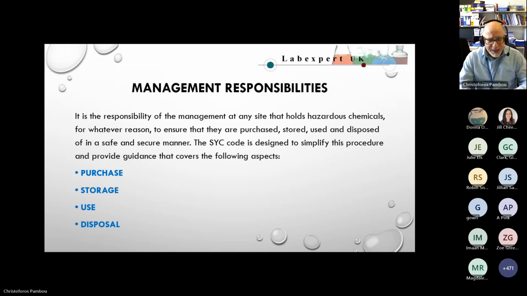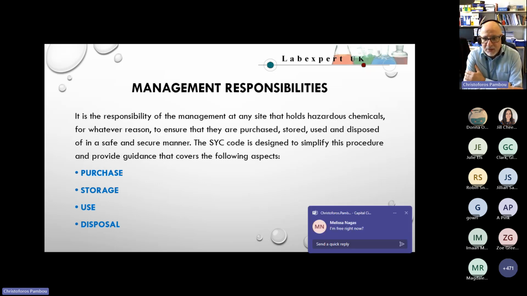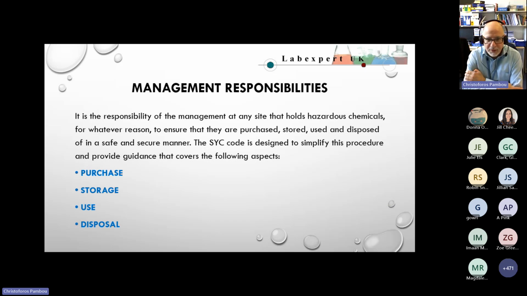And similarly to health and safety, the Health and Safety at Work Act 1974 makes it the responsibility of the management at any site that holds hazardous chemicals, for whatever reason in education, for actually doing practical activities, that they are purchased, stored, and disposed of in a safe, secure manner.